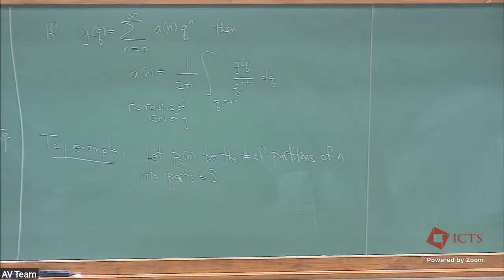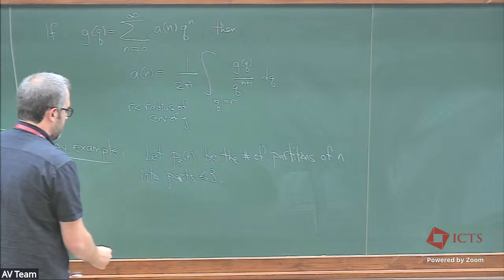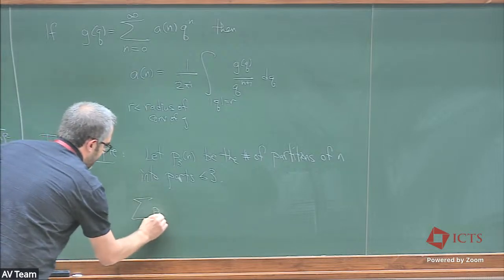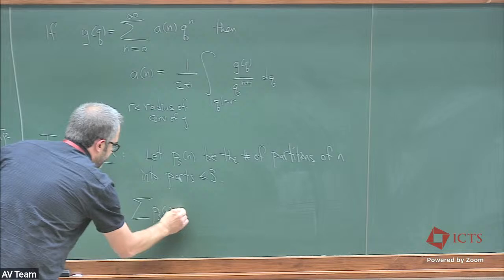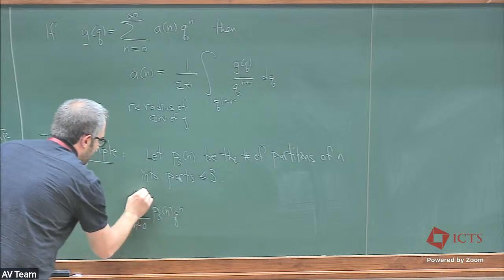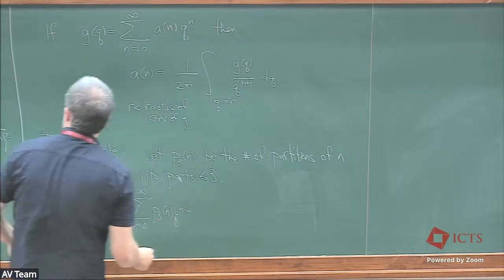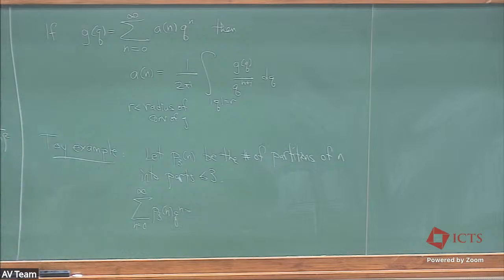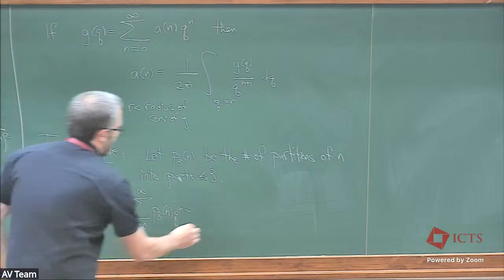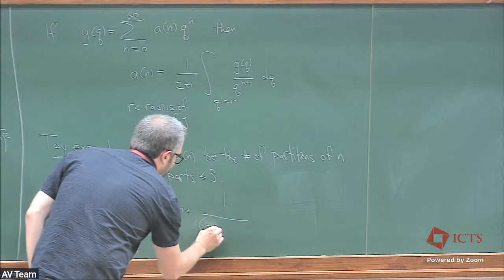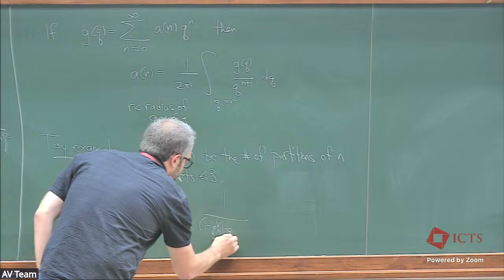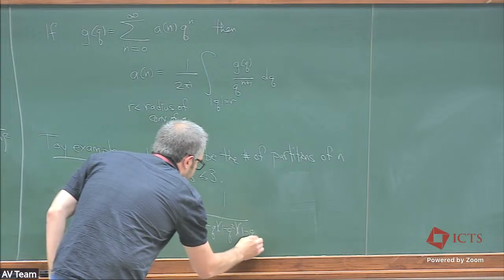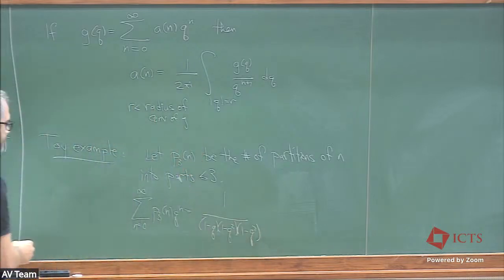So the only numbers you're allowed to use are 1, 2, and 3. The generating series for this is going to be this product, except it's not the infinite product. We're just going to take the first 3 terms of this product. So it'll be 1 over (1 minus q)(1 minus q squared)(1 minus q cubed).